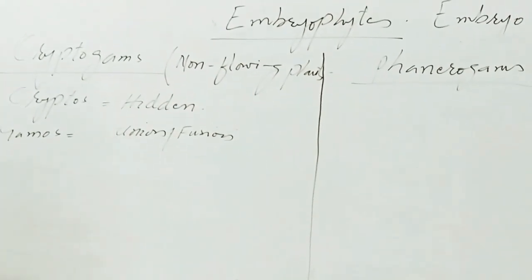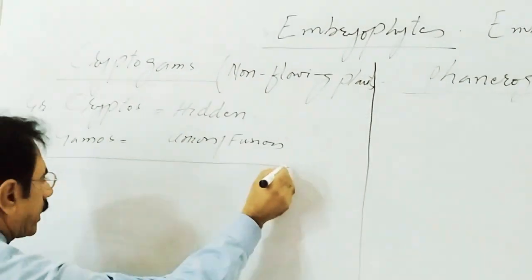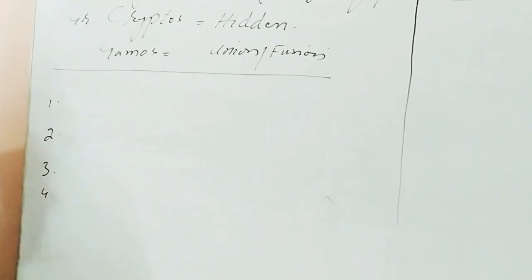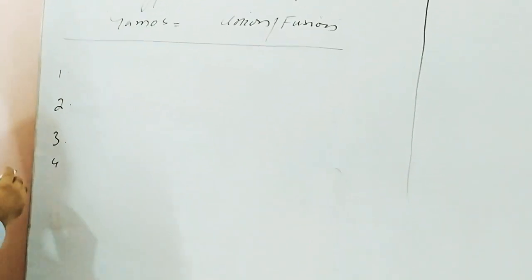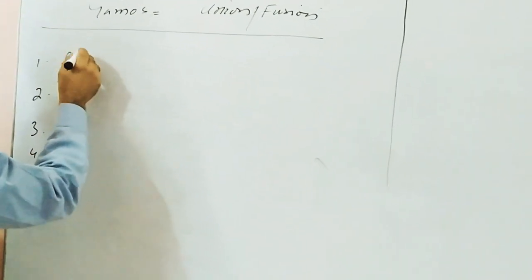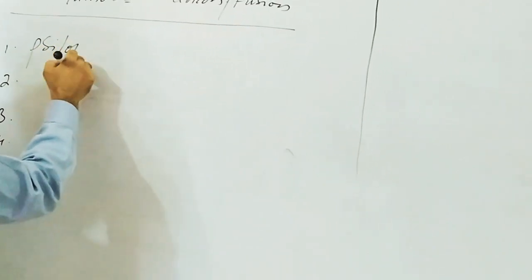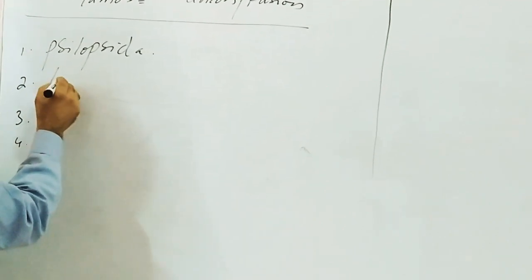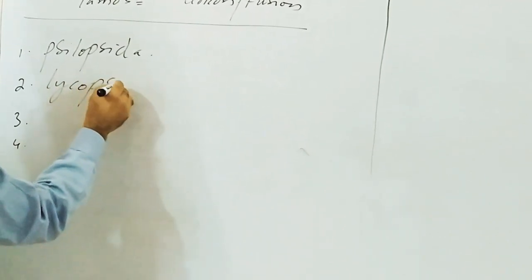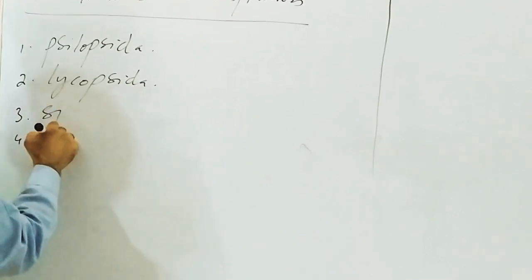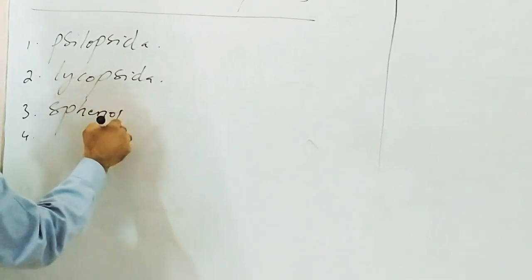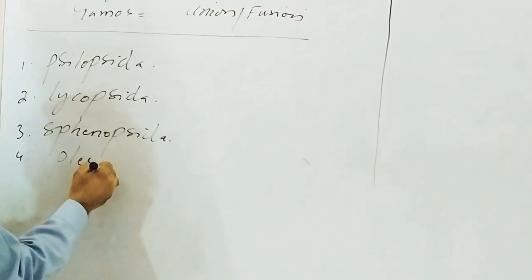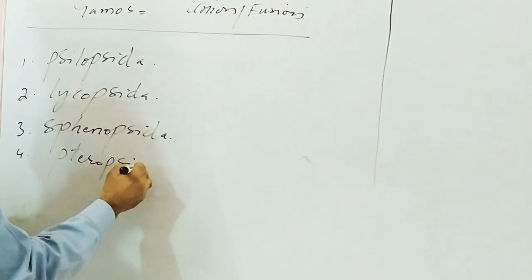The cryptogams are classified into four groups, called Psilopsida, Lycopsida, Sphenopsida, and Pteropsida.